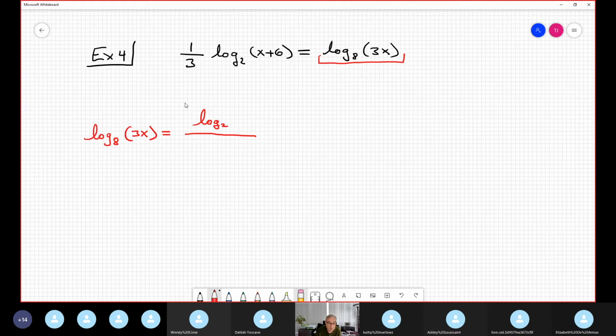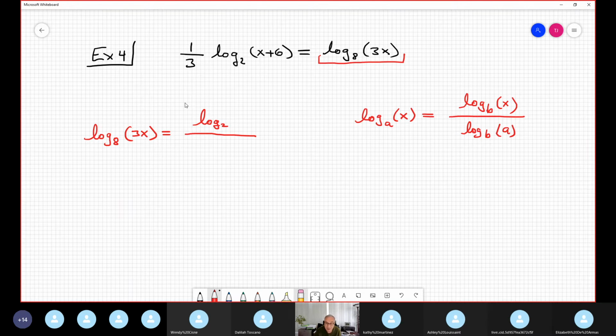So I use my famous property A. Look. In our specific example, the letter A is the number 8, and the expression X in this problem is 3x.